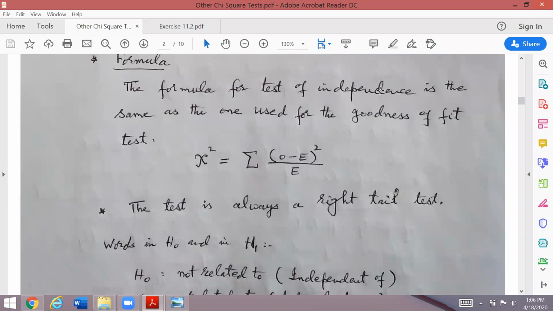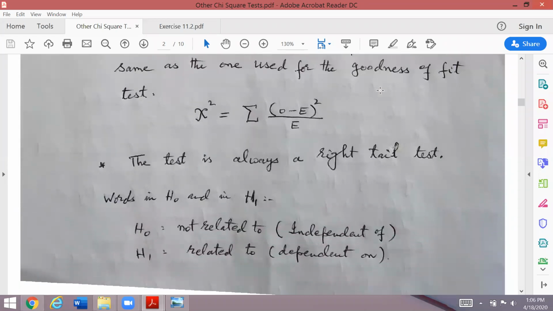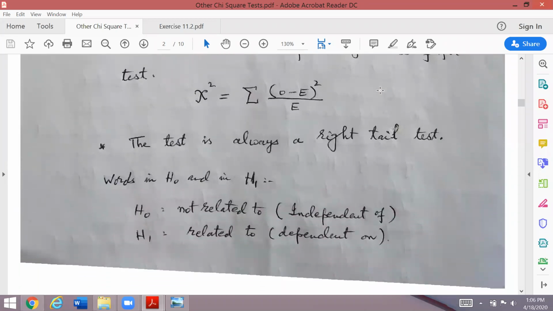The words in H0 and H1 will be either not related, which you'll write in H0, or the words will be there in the problem as independent of that. Like the example given a little while ago: is the feeling independent of the party affiliation about gun control?